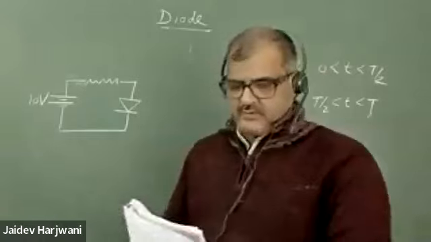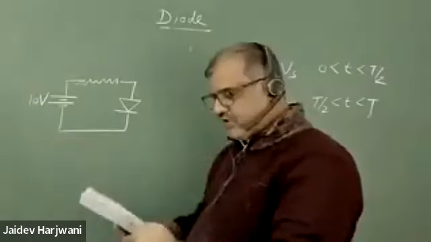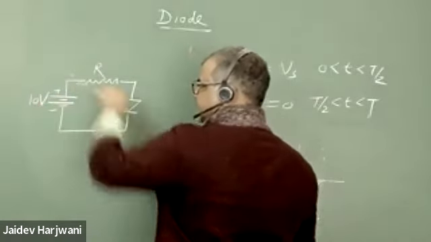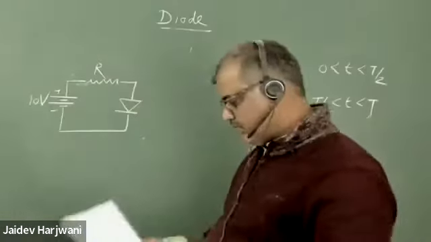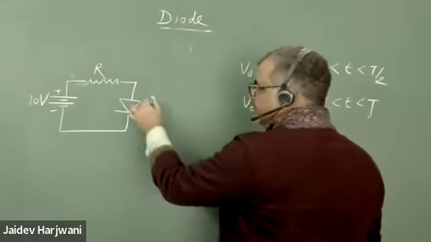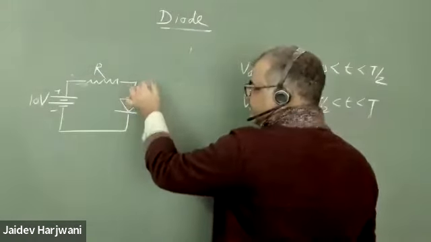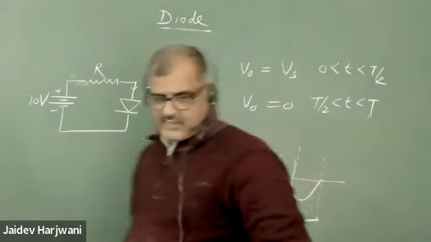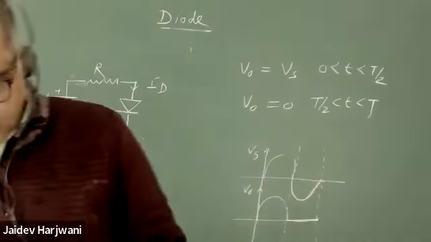Okay. So this time I'm applying this 10 volt battery here, and this is my resistance R. Now I want to calculate how much current is flowing in the circuit. So is this diode forward bias or reverse bias?